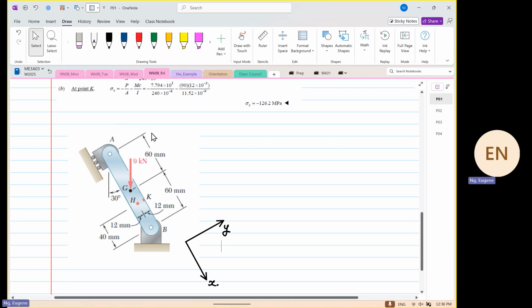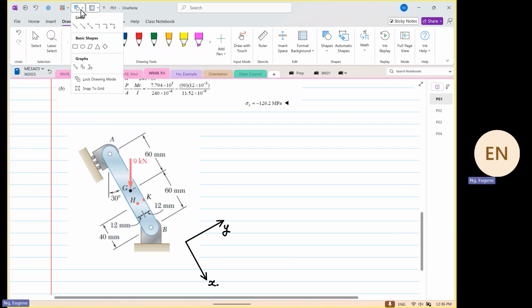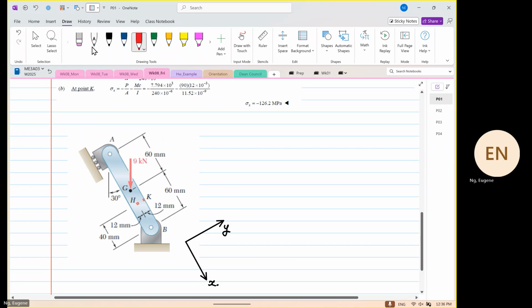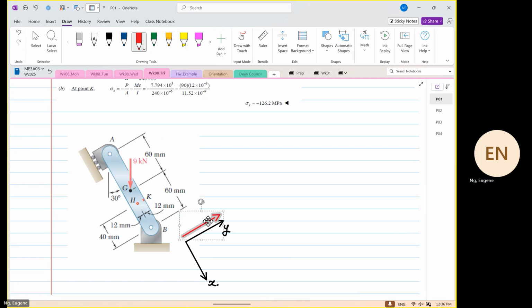From here, we are aware that we have a reaction at the roller support. So this is our AY. We don't have any AX because the roller has no resistance, so it can move diagonally.